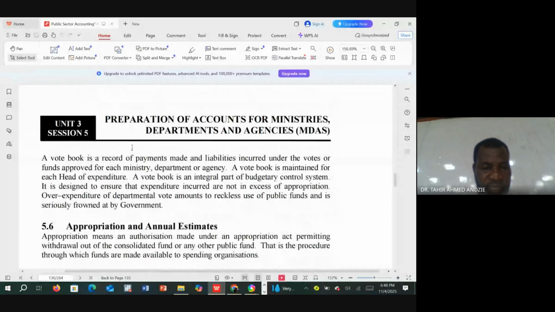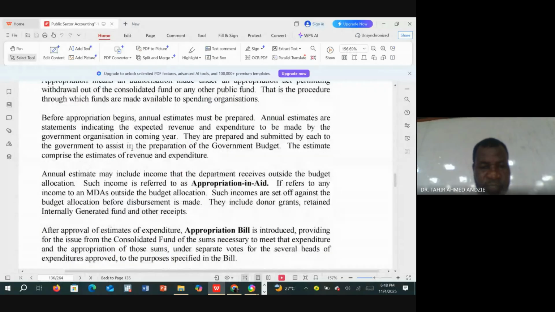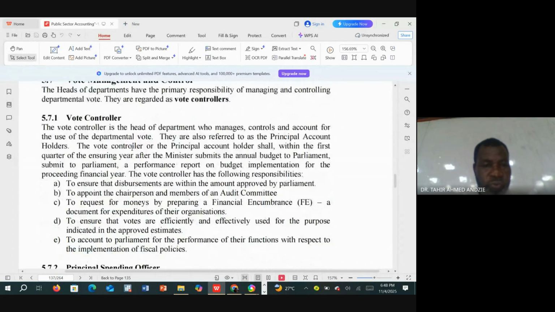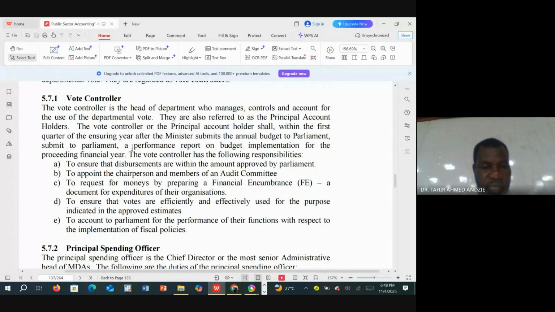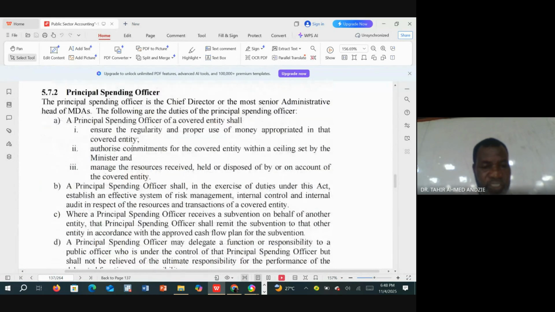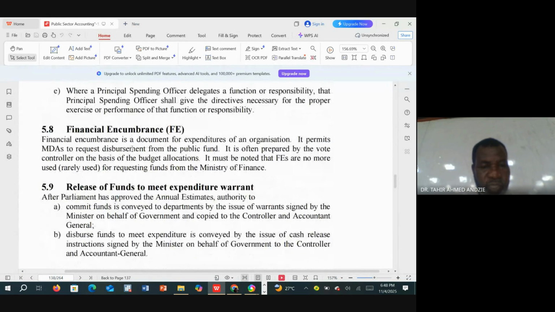Then we looked at the vote accounting, appropriation, and annual estimate. We looked at the vote management and control. Who is the vote controller? What are his functions? The principal spending officer in many of the MDAs and their functions. Then we looked at financial encumbrance.